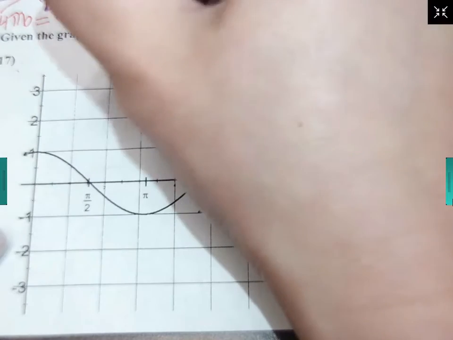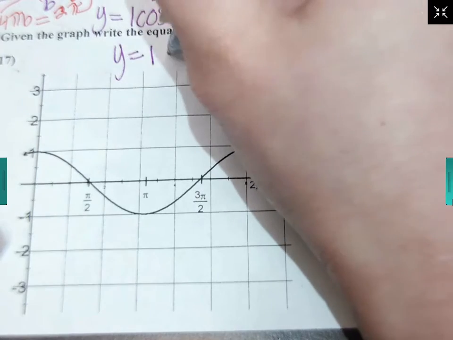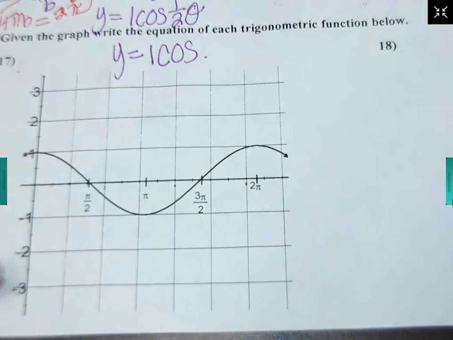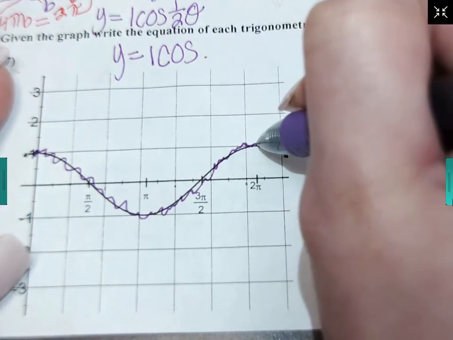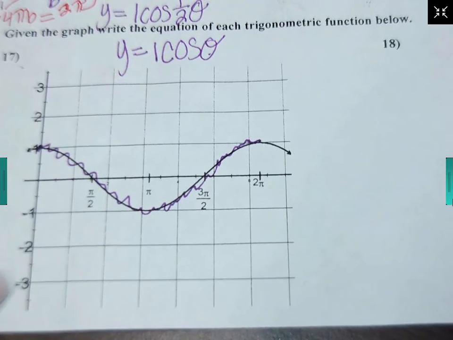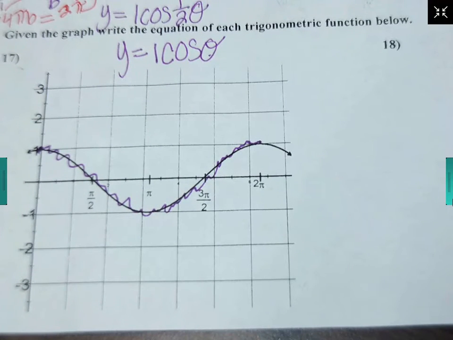So already we have y is equal to 1 cosine. And then what does b represent? Who remembers what b represents? In 2 pi, right? From 0 to 2 pi. So if we start here, and we're going and going and going, tell me when to stop. We stopped right there. Any questions here?